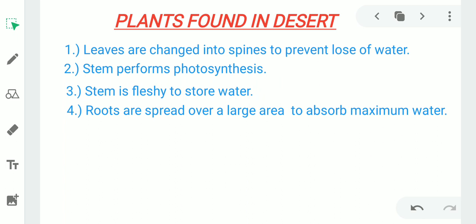Fourth, roots are spread over a large area to absorb maximum water. That means wherever water is present in the soil, deep down the soil or in the surrounding area, the plant can absorb water because roots are spread over a large area to absorb maximum water.